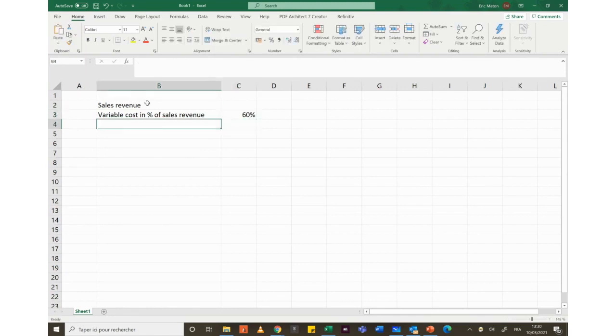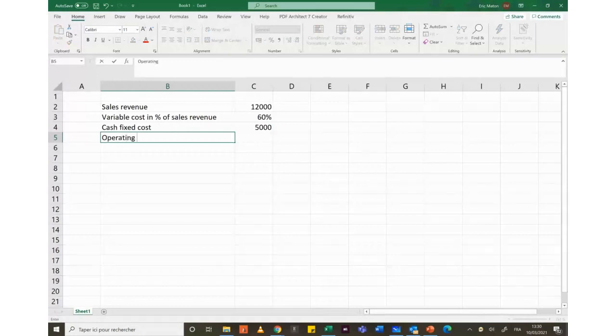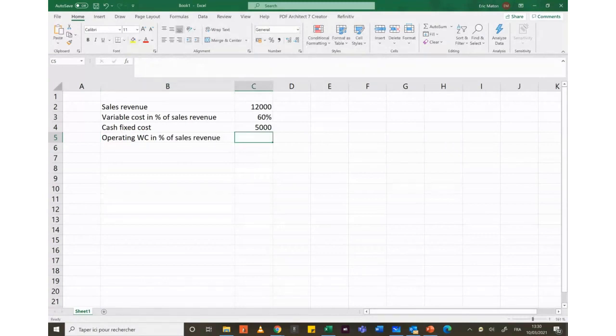We have a cash fixed cost, so excluding non-cash fixed cost, D&A expenses, equal to 5,000. The sales revenue is 12,000. We have an operating working capital in percentage of sales revenue equal to 30%.